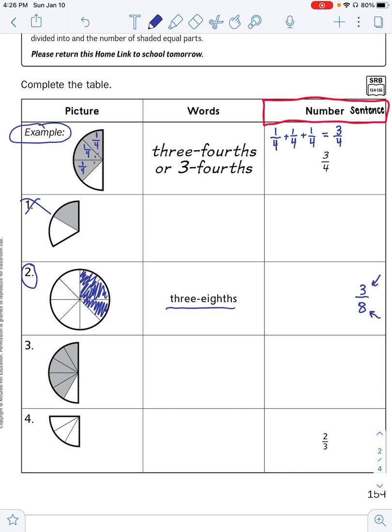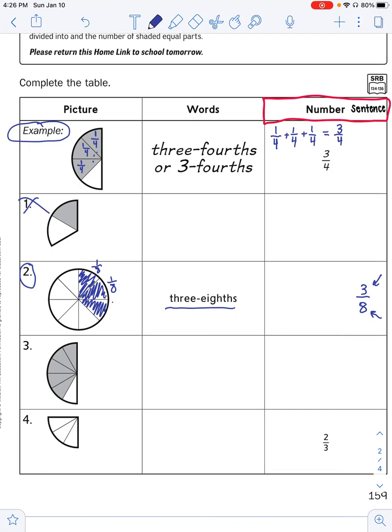So remember, I filled in one piece, which is 1/8, another piece, which is 1/8, and one more piece, which was 1/8. Okay, so 1/8 plus 1/8 plus 1/8. Okay, so I have 3/8 total.